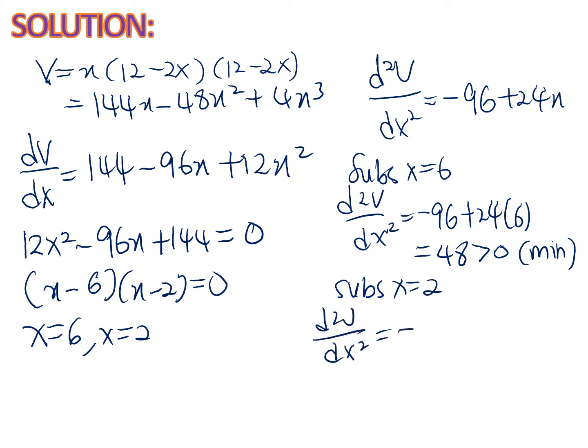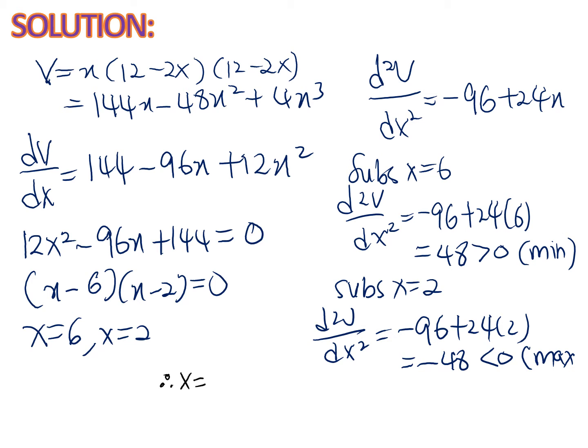So we will have negative 96 plus 24 times 2, which implies negative 48, which is less than 0. So that means it's maximum. So x equals 2, we make a conclusion: x equals 2 maximizes the volume.